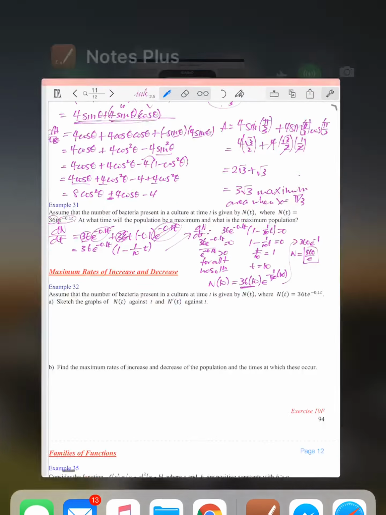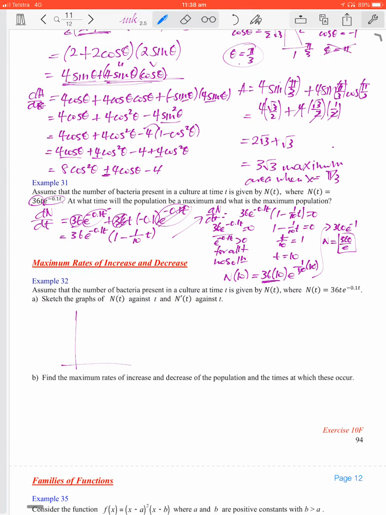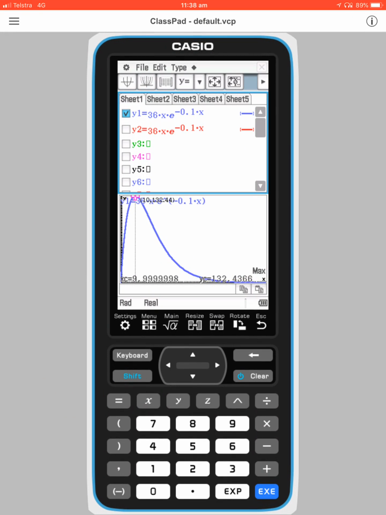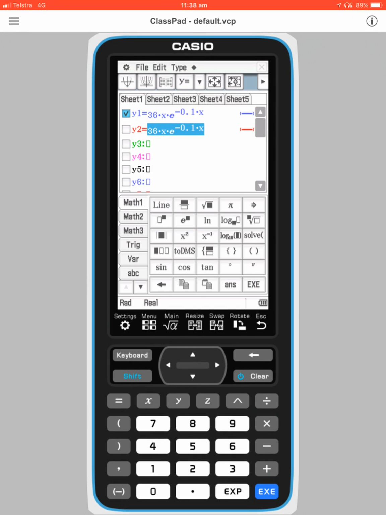Okay, so that's n of t, something like that. Our derivative, so we can just bring that down, highlight it, keyboard.